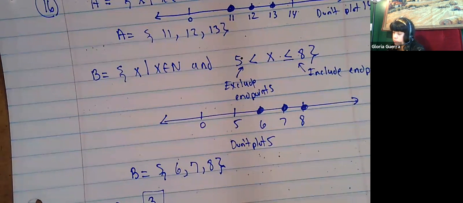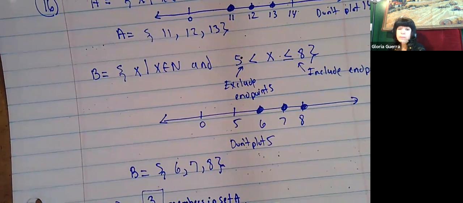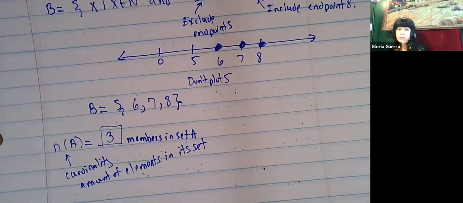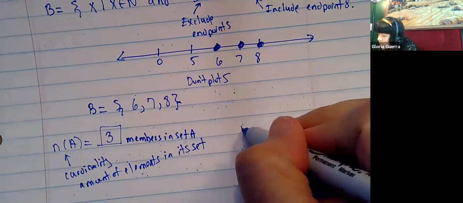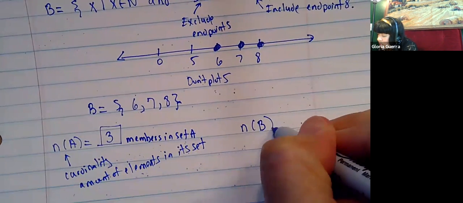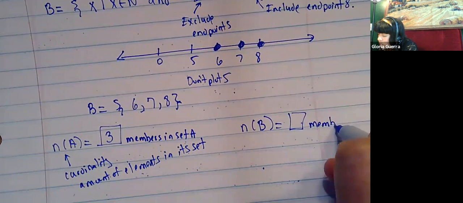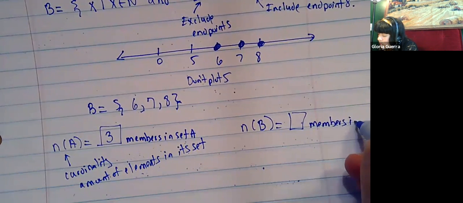There's 3 members in set A. Okay, now let me do cardinality for B. How many members are there in set B?